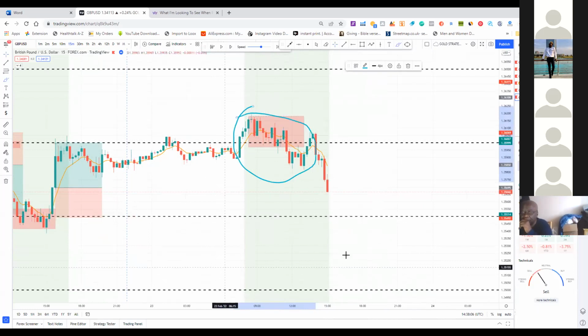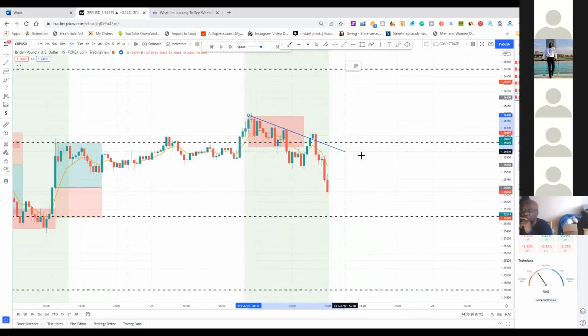Here, what is this? But you can see, if you understand price structure, market structure, what is this? That's a downtrend. Why should I be buying? No. The first thing you want to do is understand market structure. What is it doing?